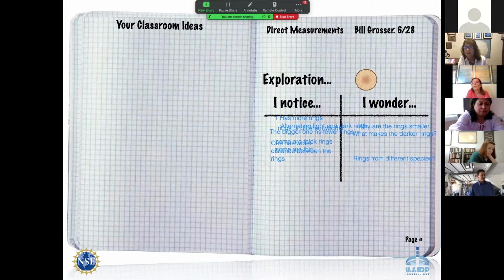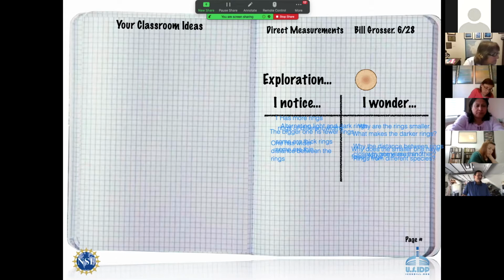You can use my classroom ideas page also there. Feel free, if you're adding your annotations, you can put it on top of the I wonder too. You can find some blank space there.